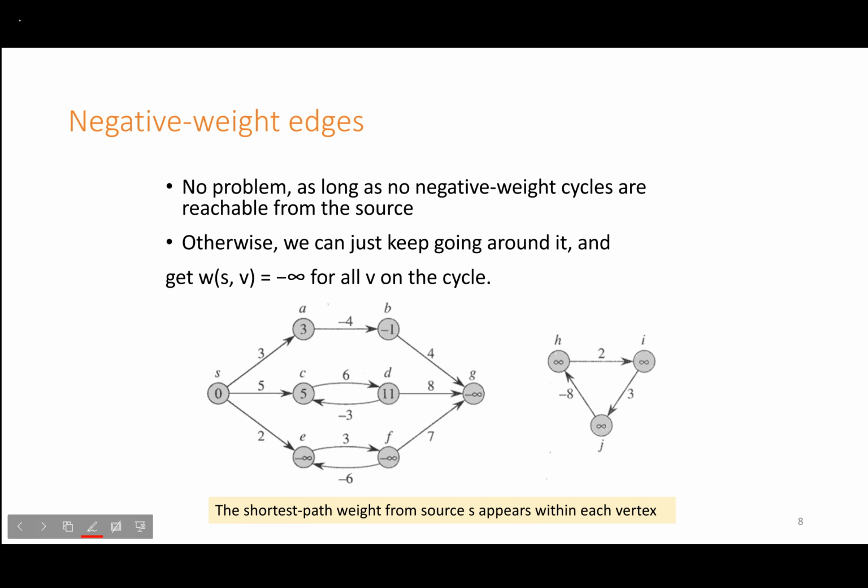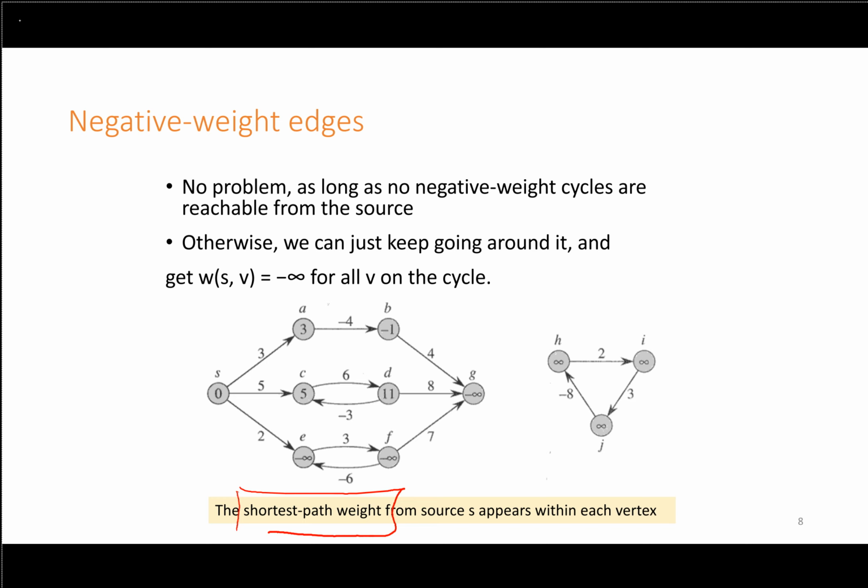In this figure, which we use to illustrate this, we label inside each vertex the shortest path weight from source S to that vertex. The start vertex has the shortest weight from S to itself, which is 0.